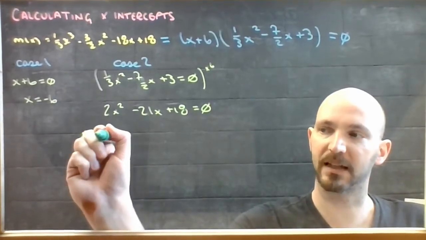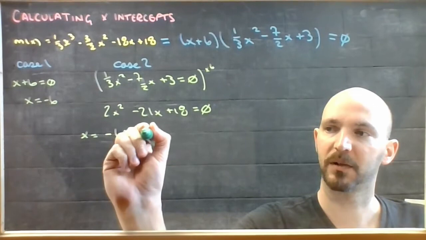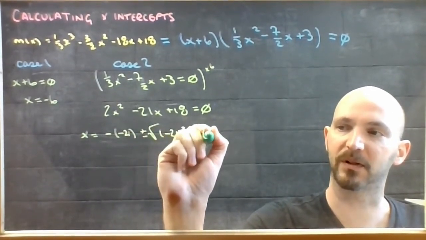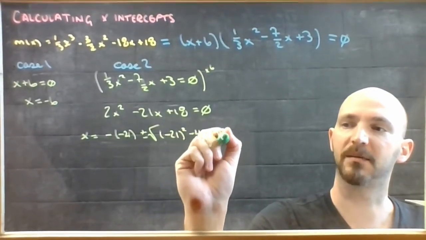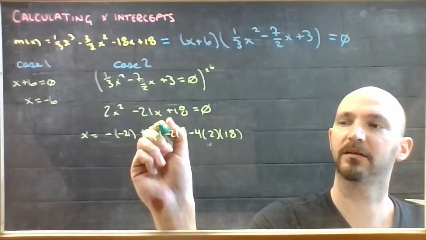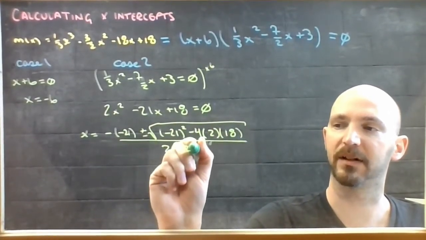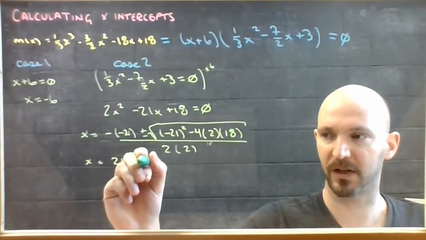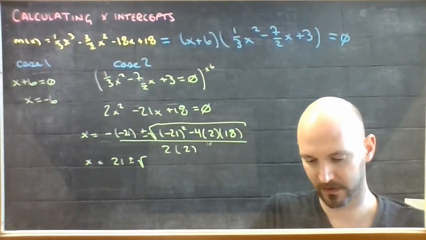I can just say that x is negative the b value plus or minus the square root of the b value squared minus 4 times a times the c value, all over twice the a value. That's 21 plus or minus the square root of 21 squared, which is 441, I think.